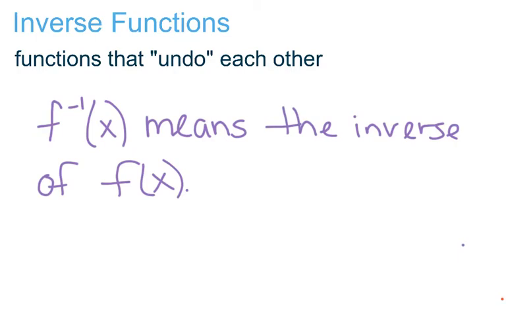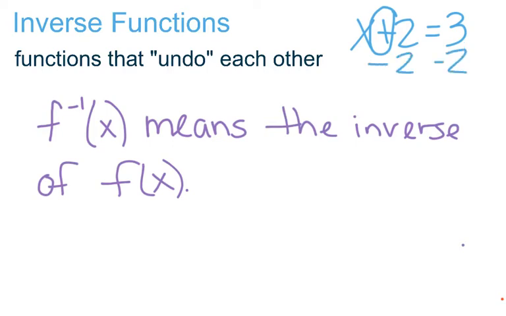So if you think back to when you were first learning to solve, I'm going to make this up, x plus 2 equals 3. What would you do to undo addition? You would do subtraction, because addition and subtraction are inverses of each other.